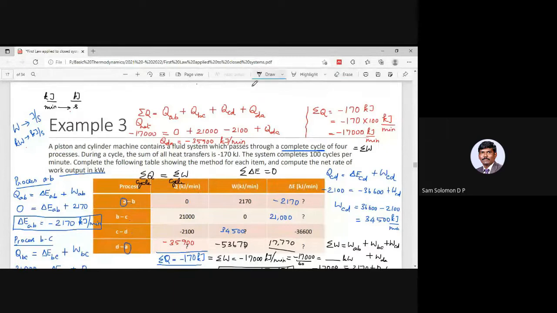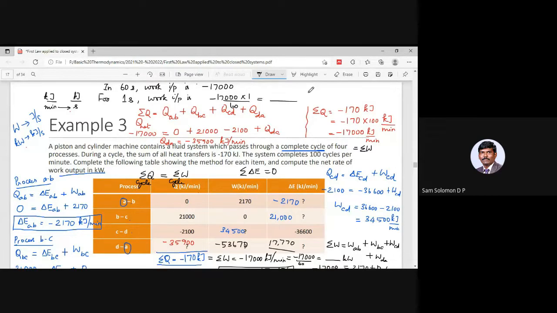So when I write it, it will be clear to you. In 60 seconds, work input is minus 17,000. For 1 second, work input is minus 17,000 into 1 divided by 60.